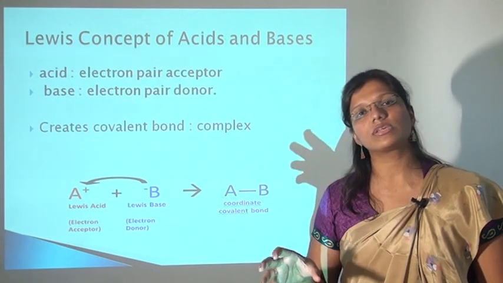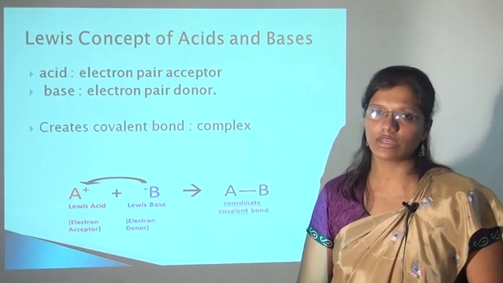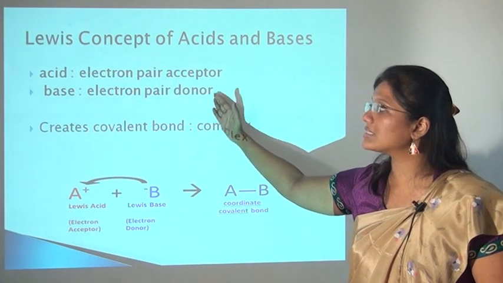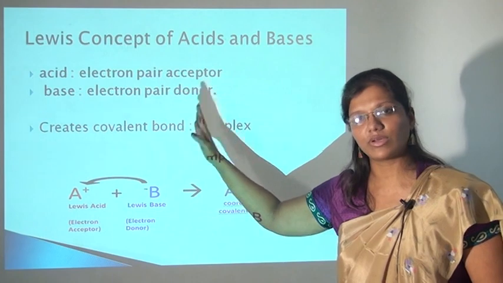That gives us the concept of acid and base. In the second one, we take the example of the proton transfer reaction. Here in the third one, we consider electron pair acceptance, or you can say electron transfer reaction.